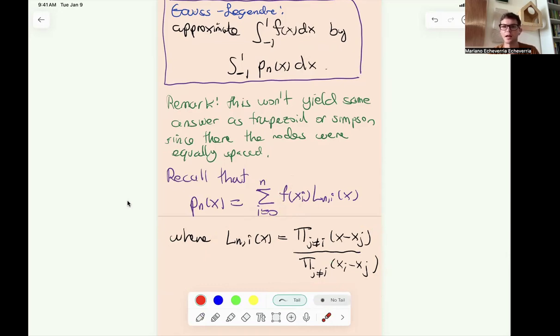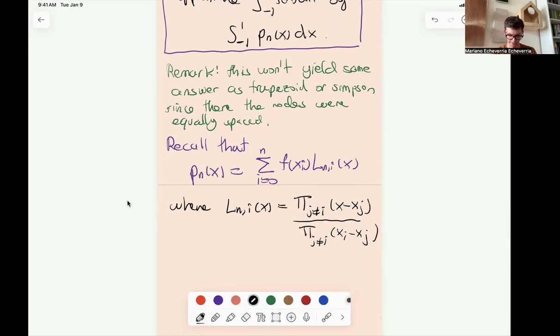So, in fact, if you had to integrate the polynomial from -1 to 1, what does that tell you?